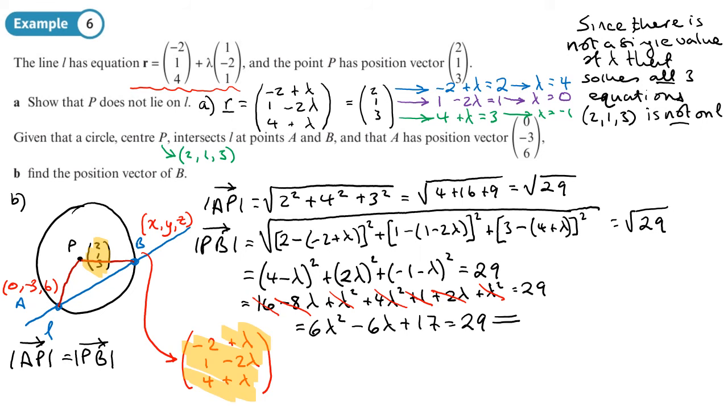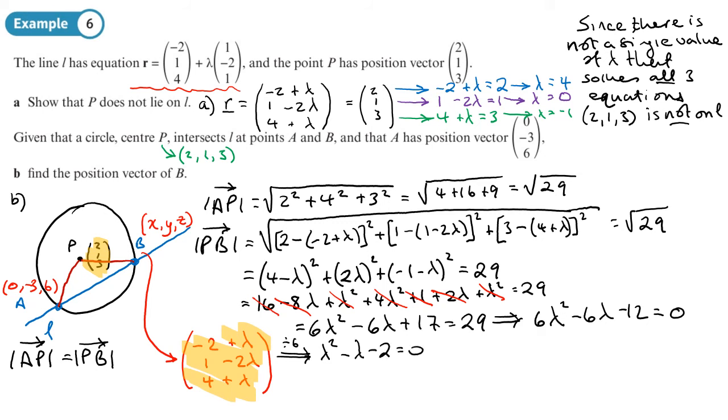So from there, let's take away 29 from both sides. So 17 minus 29 is -12. So I'll have 6 lambda squared minus 6 lambda minus 12 equals 0. Let's divide everything by 6. Make it easier, so we end up with lambda squared minus lambda minus 2.